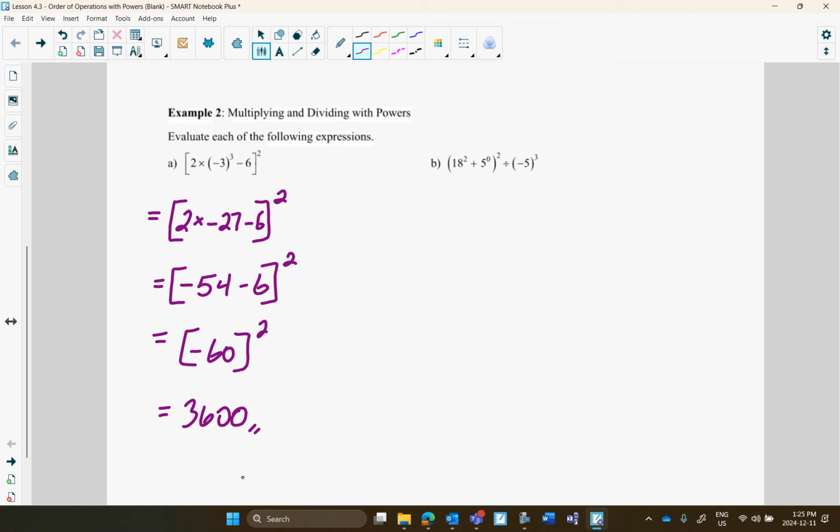Try the next one on your own. See if you can figure out the next one on your own. Or at least a few steps from it. Lots of exponents in this one. But remember, parentheses first.